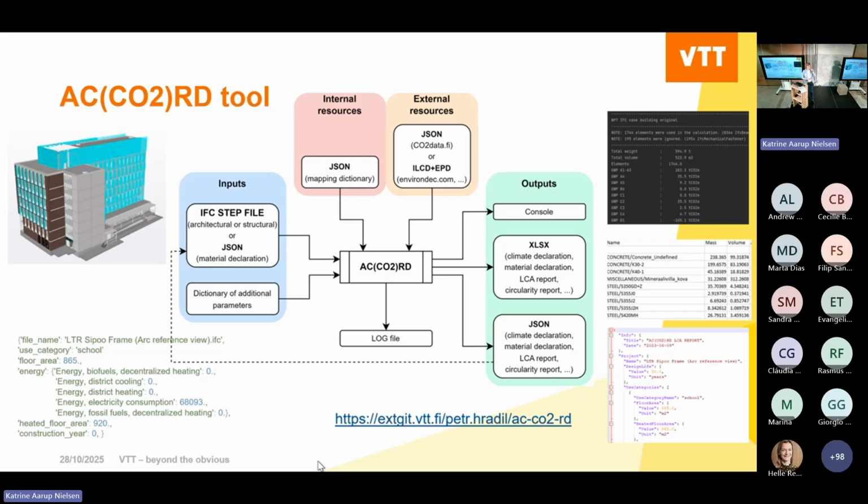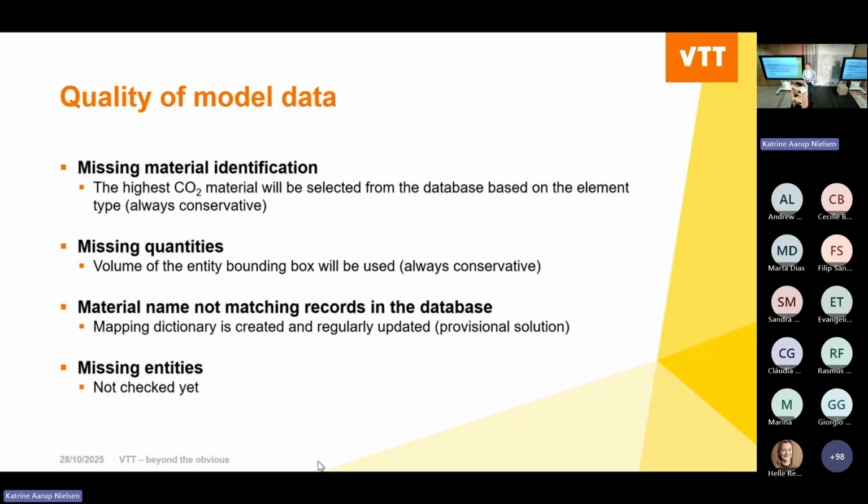But when doing this kind of work, we had several challenges with the quality of the model data. In these examples, we had missing material identification. We didn't have enough detailed information about the model, what it is and how much it is, especially the missing quantities.